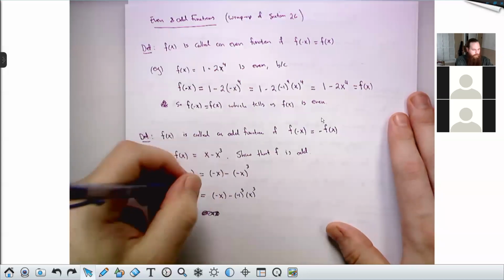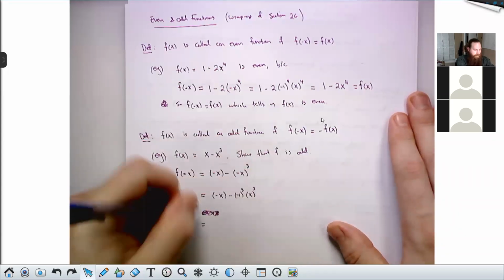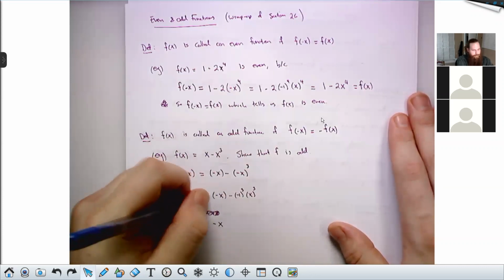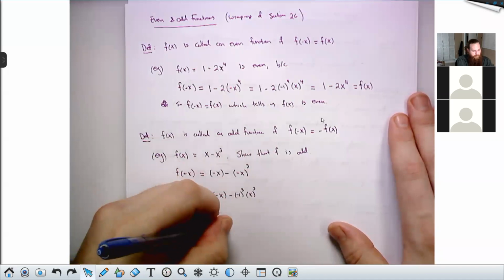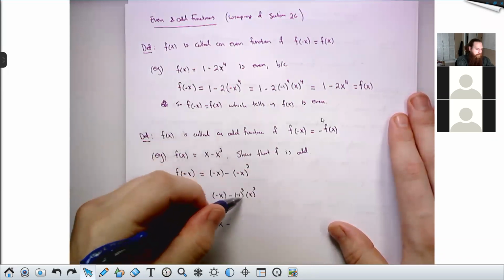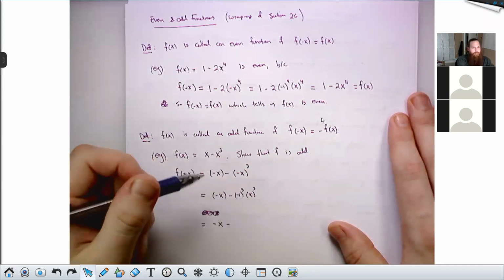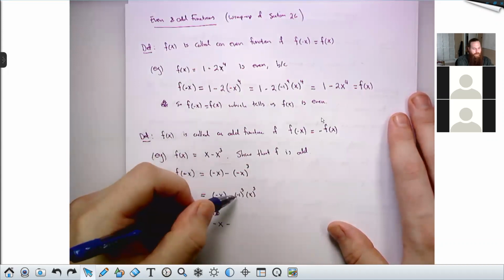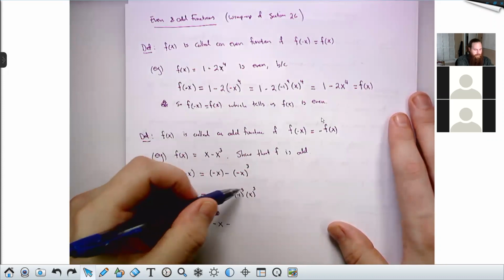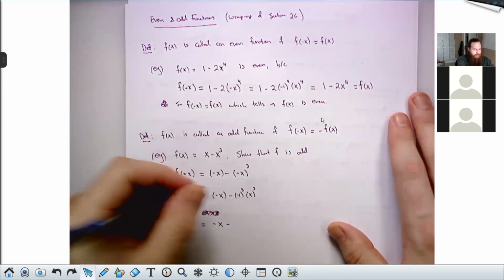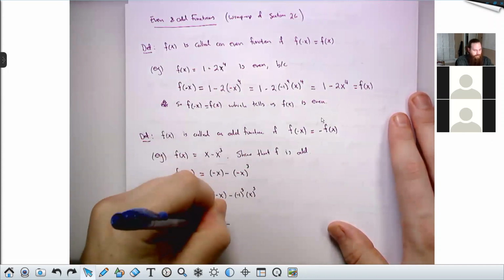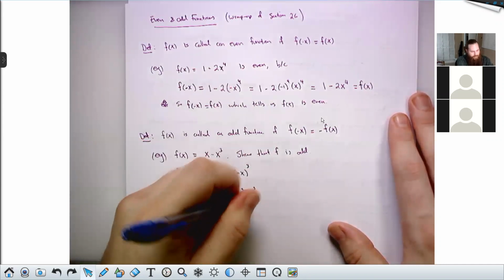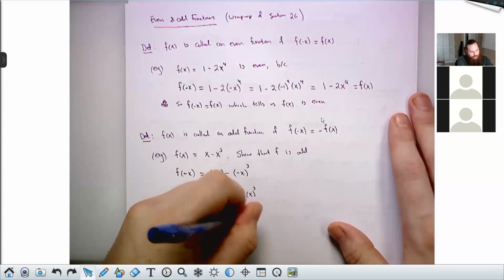I'll do this here. This is just negative x without parens, because there's nothing multiplying and there's no power, minus, what is negative 1 raised to the third power? If I take negative 1 and I cube it, or I multiply it by itself 3 times, I get negative 1. So this is negative x minus negative 1 times x cubed, like this.